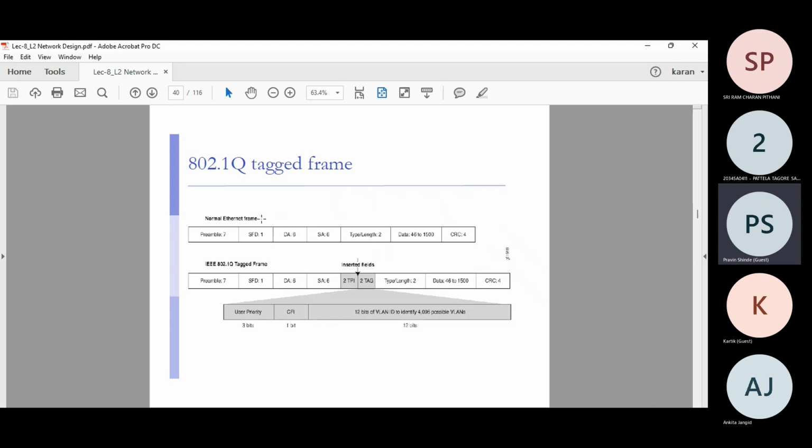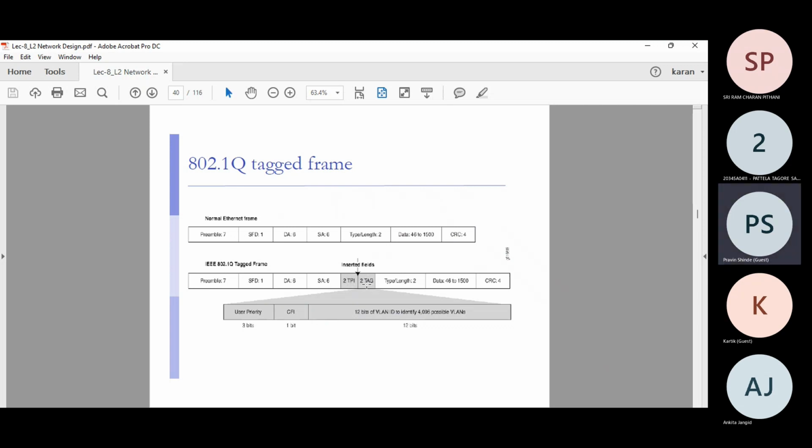Normal Ethernet frame. Okay. This is the normal preamble, SFD, then destination address, source address, type or length, data up to MTU size, CRC. But what is the tagged frame? In the tagged frame there is a TPID and a tag.